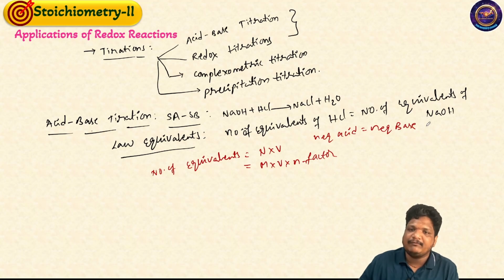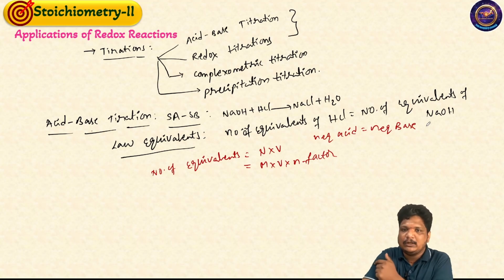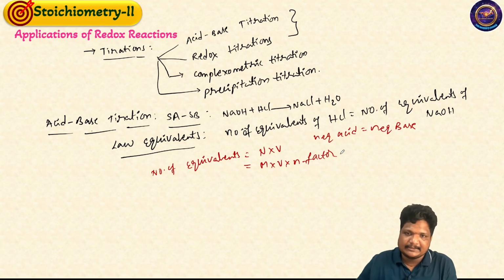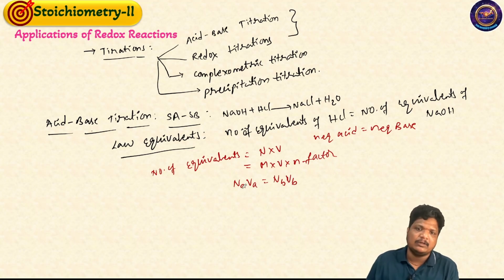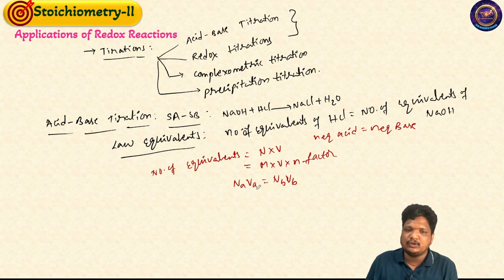The number of equivalents of acid is Na into Va, normality of acid into volume of acid, which is equal to normality of base into volume of base. In this way you can find the normality of the unknown solution.